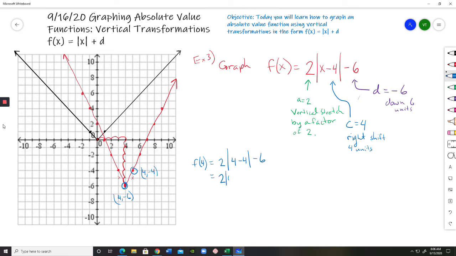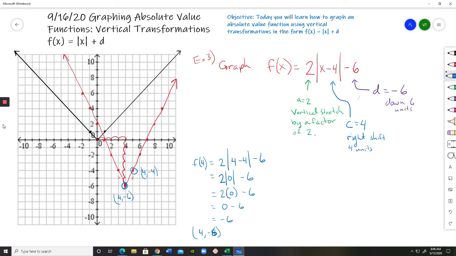So 4 minus 4 is 0. Now I have to do the absolute value. So the absolute value of 0 is 0. So I'm going to have 2 times 0. So 2 times 0 is 0. Take away 6, we get negative 6. So just like our graph says, 4, negative 6 is our vertex, okay?